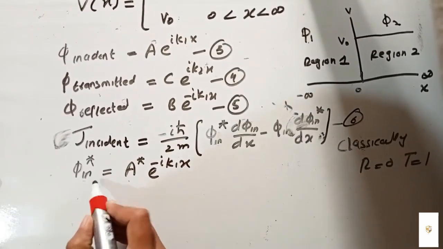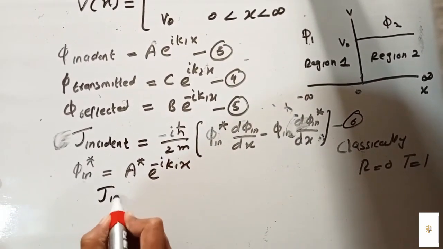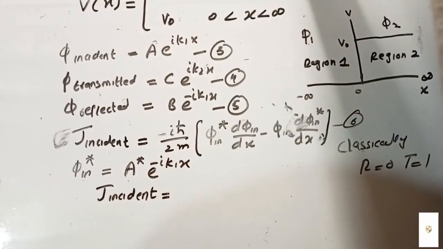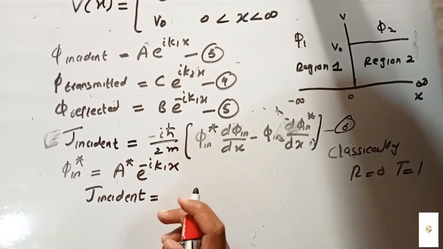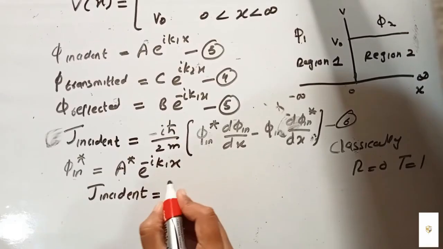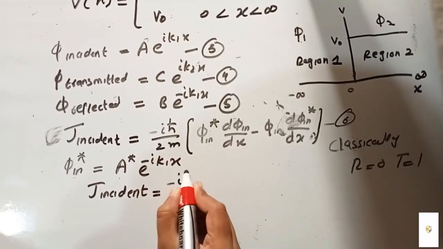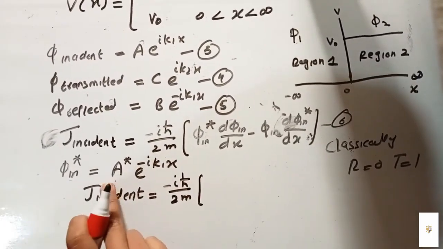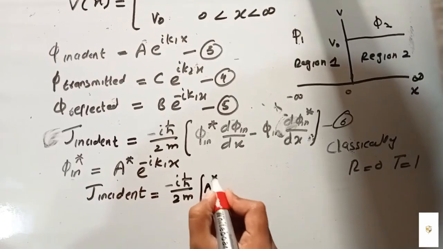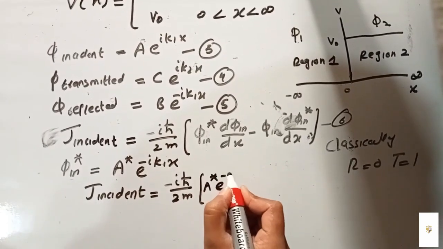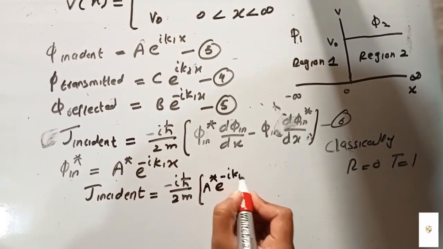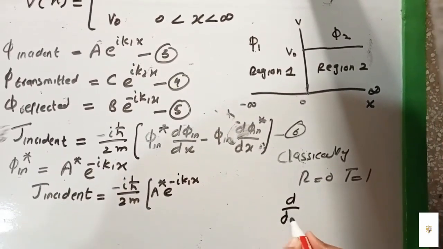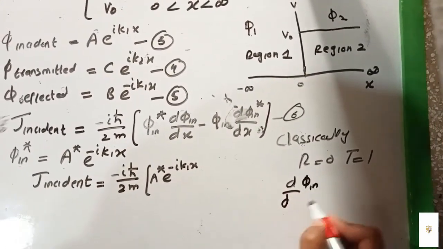So after solving, J incident is equal to minus iota h cut over 2m, and phi incident is equal to a star iota minus exponent minus iota k1 x, and now we take d phi incident over dx.